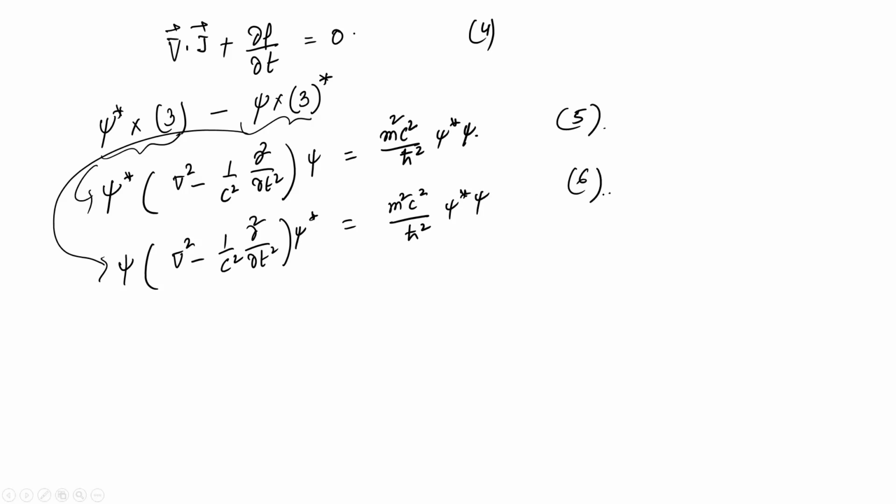I hope this is clear that we have taken equation 3 and multiplied it by psi star, then taken the conjugate of 3 and multiplied by psi, and taken the difference between the two.